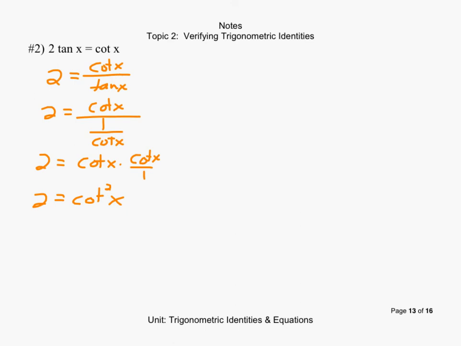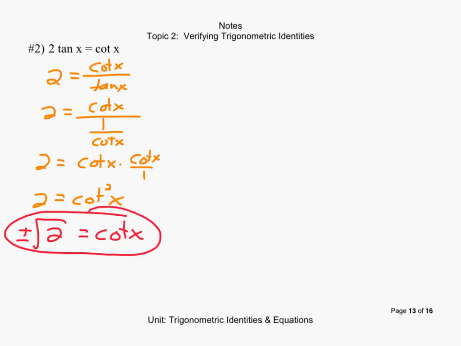There's a squared there. You square root both sides, and you get plus or minus the square root of 2 equals cotangent of x. That's actually 2 different answers. One answer is the positive square root of 2 equals cotangent of x. Another is the negative. So for this problem, there's 12 different answers because of the pluses or minuses. You only need one of the 12.